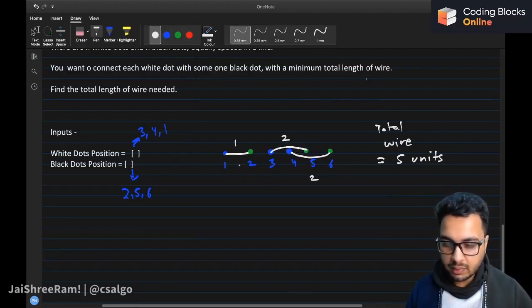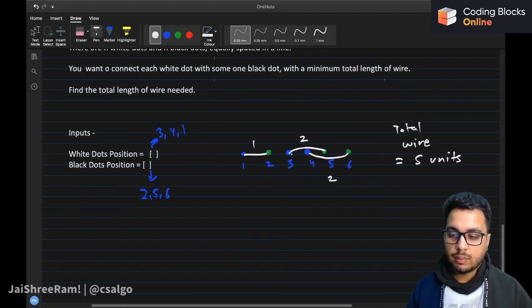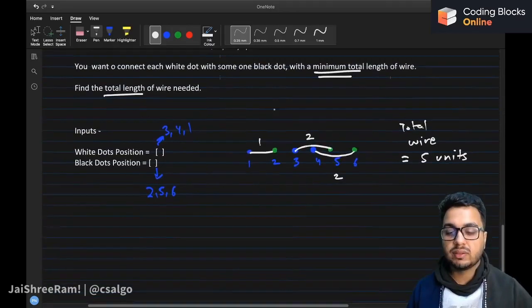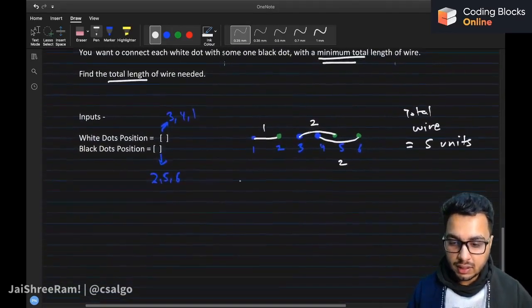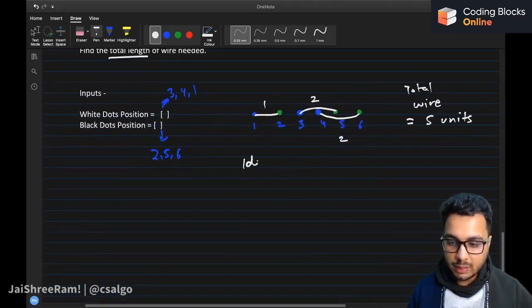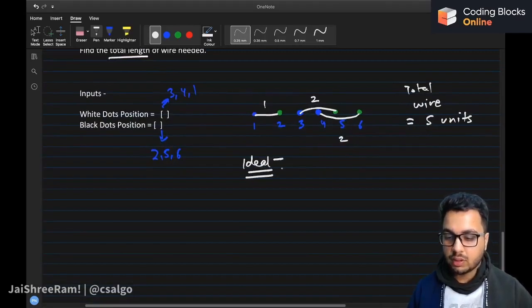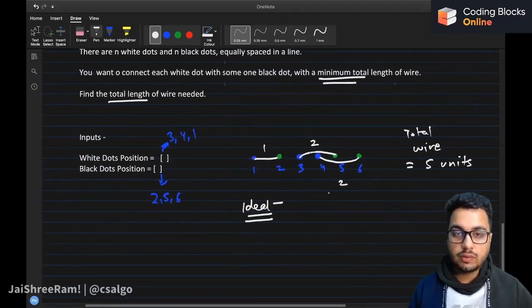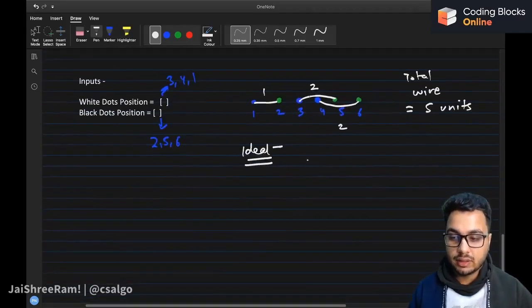And maybe you can think of other ways, but if you want to minimize the total length of the wire, then the ideal approach would be a greedy approach. For each white dot, you have to find the nearest black dot. So connect the white with the nearest black.